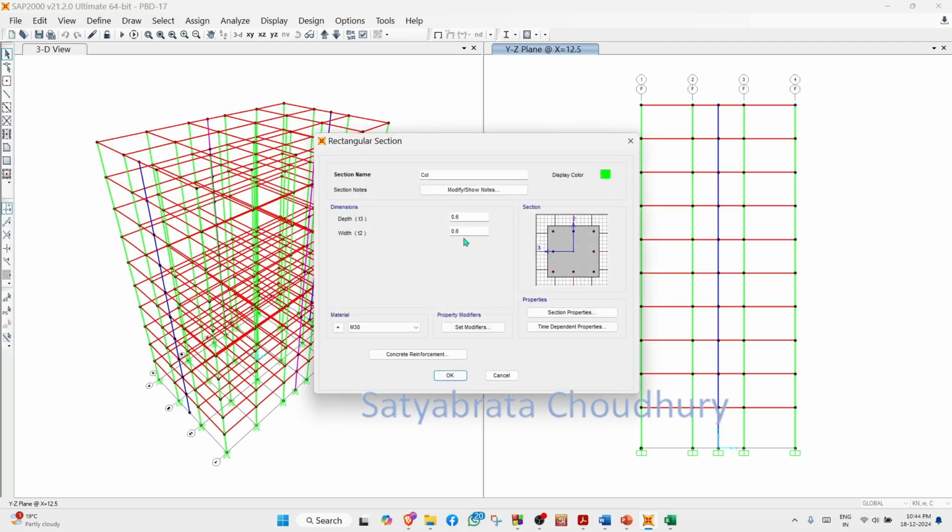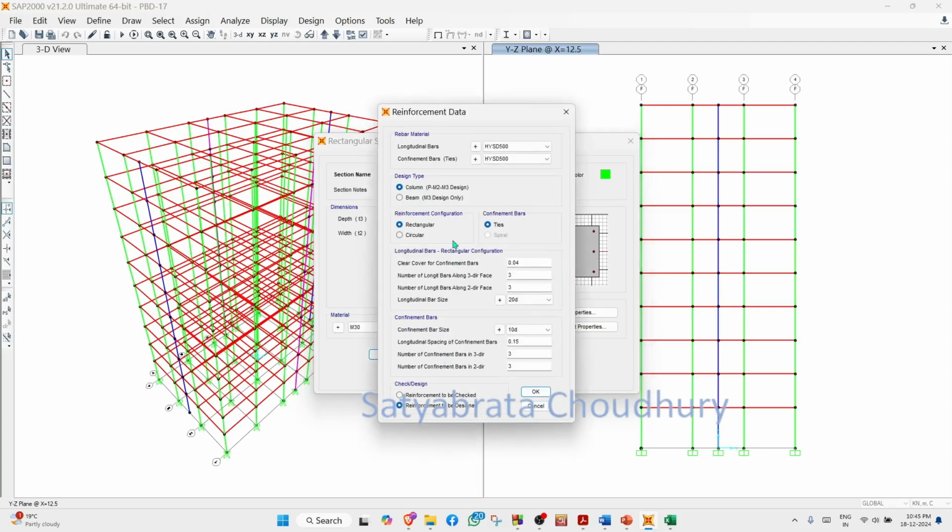We have not changed the beam size and column size over the height, because here the aim is not to design the building thoroughly and correctly. It is to show how the displacement-based method is to be applied in SAP2000 shear wall building design. In the concrete reinforcement, you have to show it as a column, M2 M3 hinges, and the reinforcing bars are these. And we have put the main bars as 20 millimeter diameter.